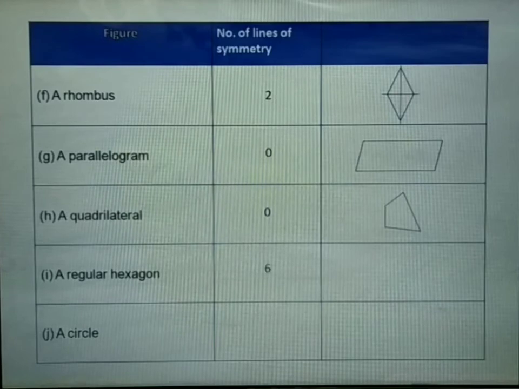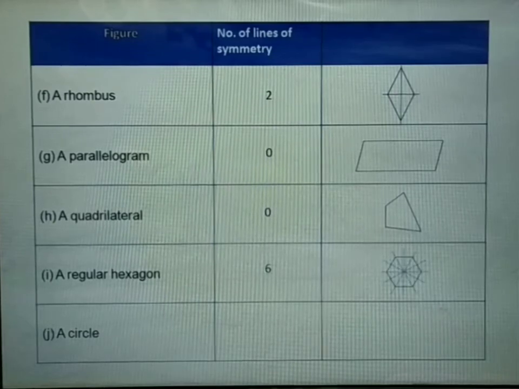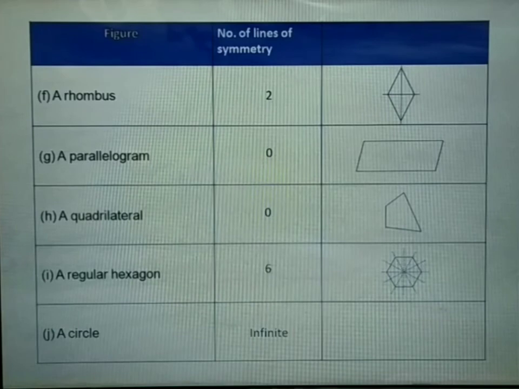A regular hexagon has 6 lines of symmetry. A circle has an infinite number of lines of symmetry. It is difficult to show in the figure, you should just imagine.